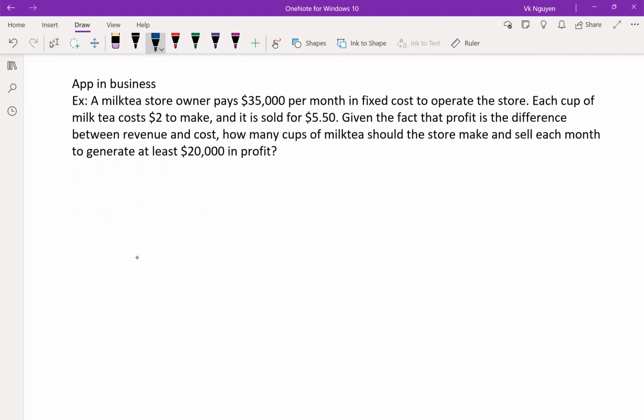We know profit is what we want here. We want to generate at least $20,000 in profit, meaning that profit is greater than or equal to 20,000.